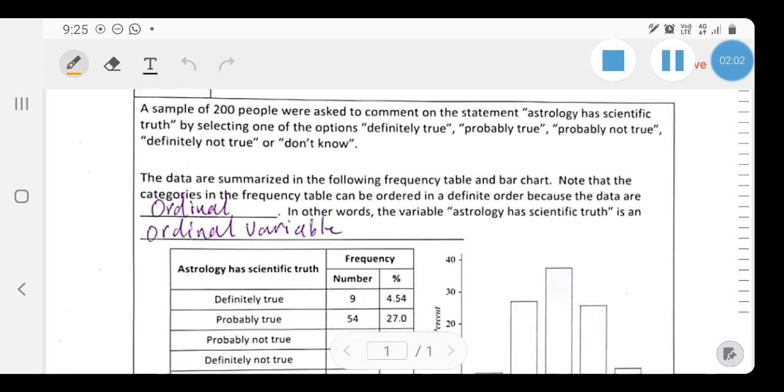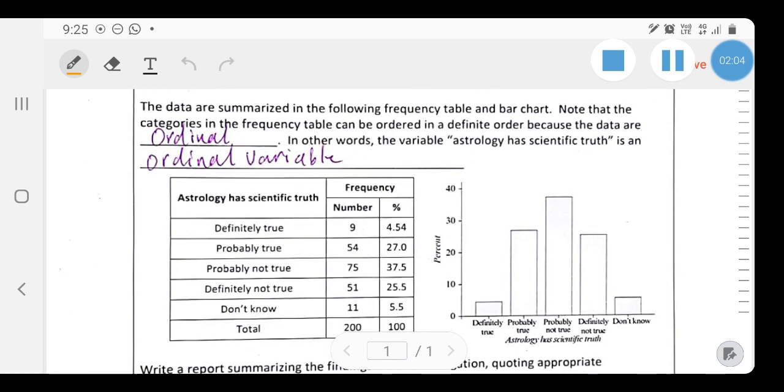Now, the data are summarized in the following frequency table and bar charts. Note that the categories in the frequency table can be ordered in a definite order because the data are ordinal. So we're talking about this data here. So astrology has scientific truth.